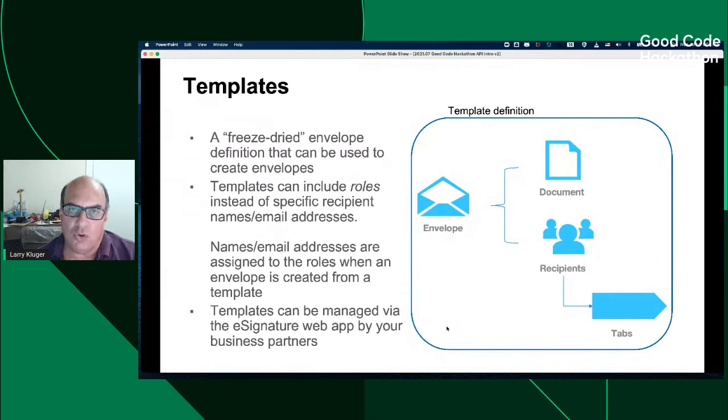And then later on, your application can make use of that updated template without any changes to your software. So that can be very valuable rather than trying to hard code in all these different aspects of the envelope transaction. Instead, you can drag and drop and do things using our web application, and then later your application just sends out envelopes based on the template.